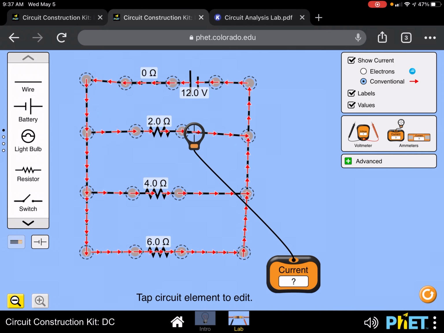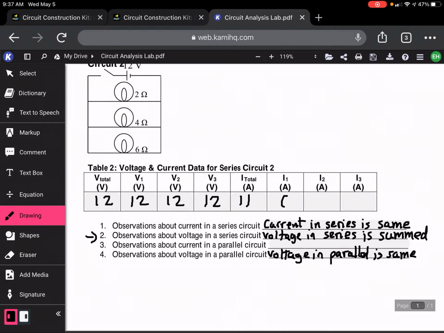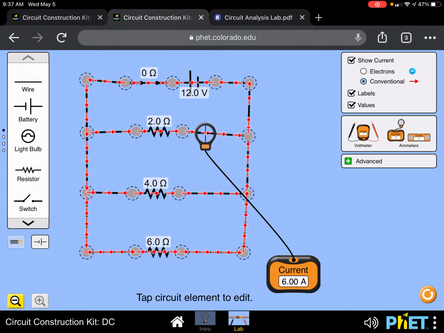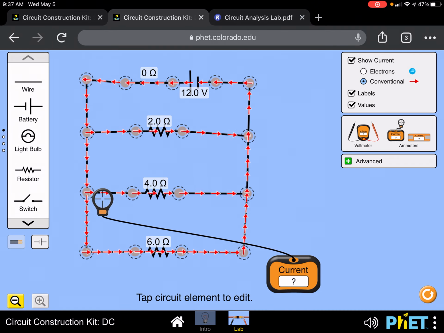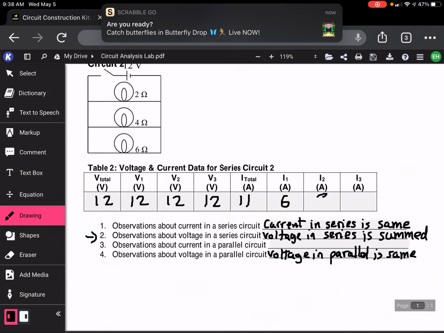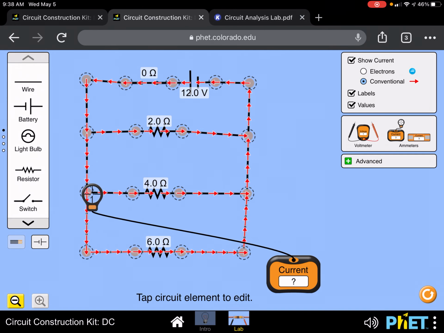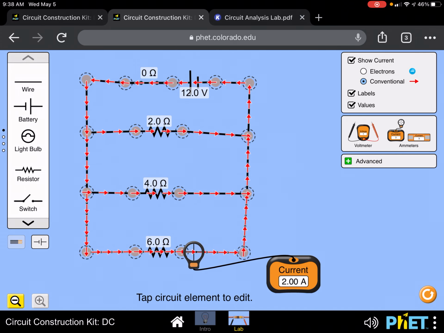You can see the current going across the middle pathway, or the 2 ohm pathway, is 6 amps. The current going into the second pathway right here is 3 amps. And the current going into the last bottom pathway, the slowest current, is 2 amps.